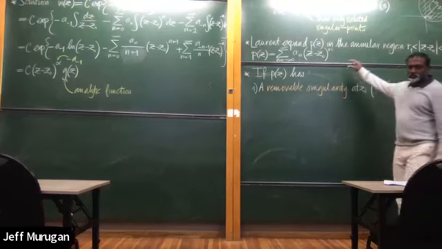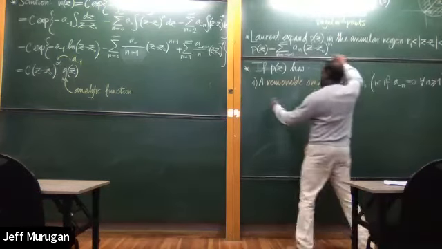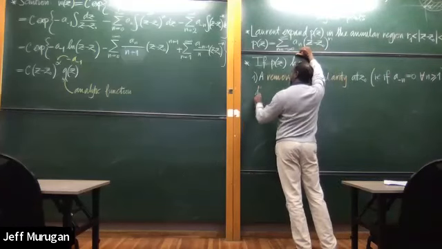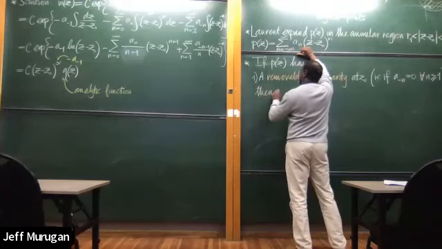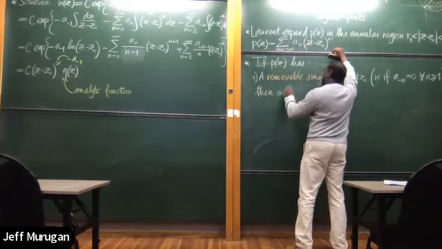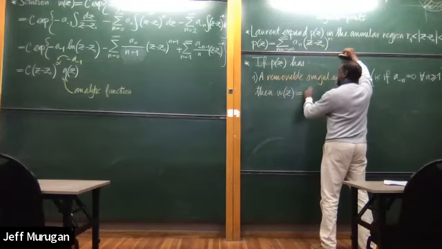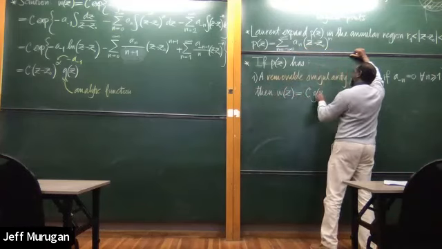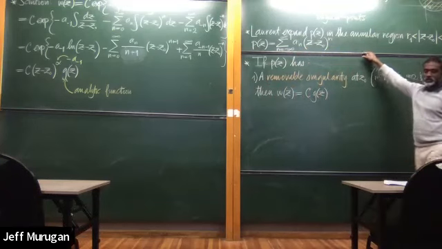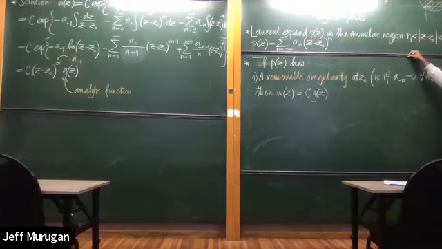Then w of z is just some constant times its analytic function g of z, and it's analytic everywhere. And we say that the first order linear DE has a removable singularity at z naught.